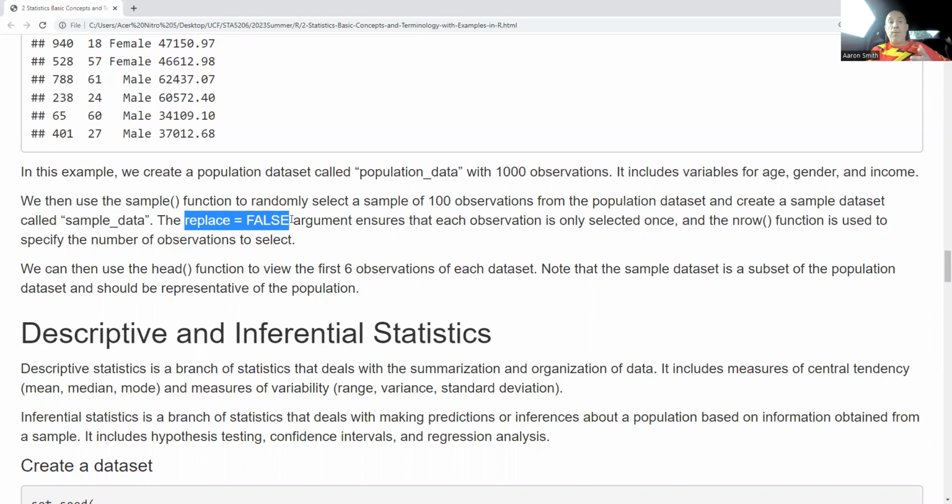In real life scientific studies, I may or may not want to have replications, repeated observations. Depends on my situation. So each observation is selected at most once, and we selected the subsets by row numbers to achieve this. And we use the head function to look at the first 6 observations in both of those 2 data sets.